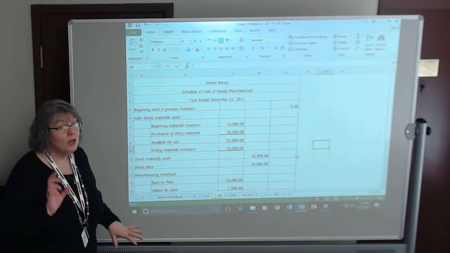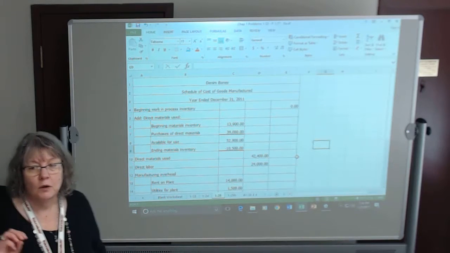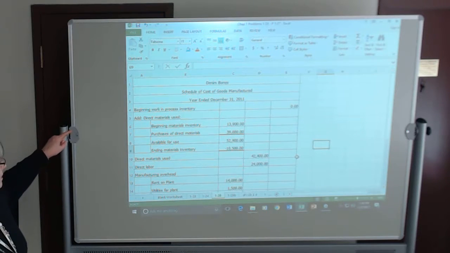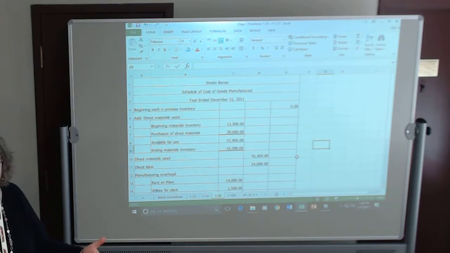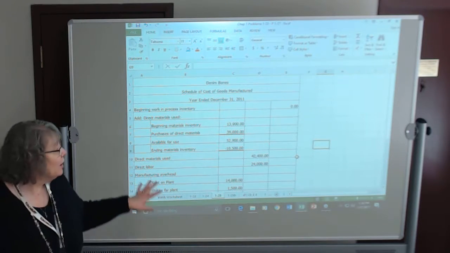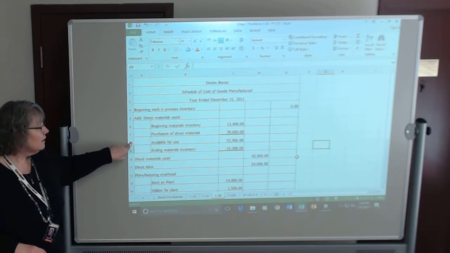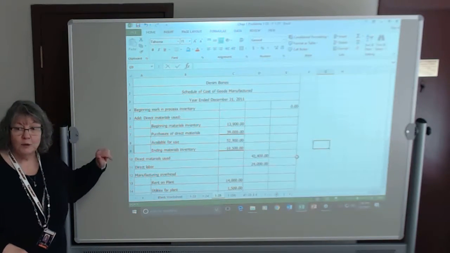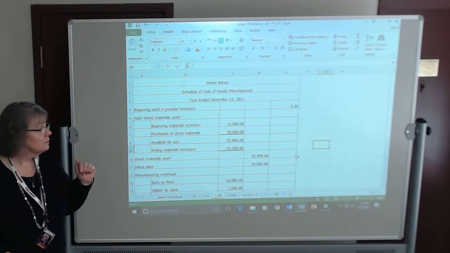We're not going to talk about sales. We're not going to talk about maintenance. Then on the income statement, we're going to talk about revenue and additional expenses. You need this statement to know how much product to buy to keep your manufacturing going.